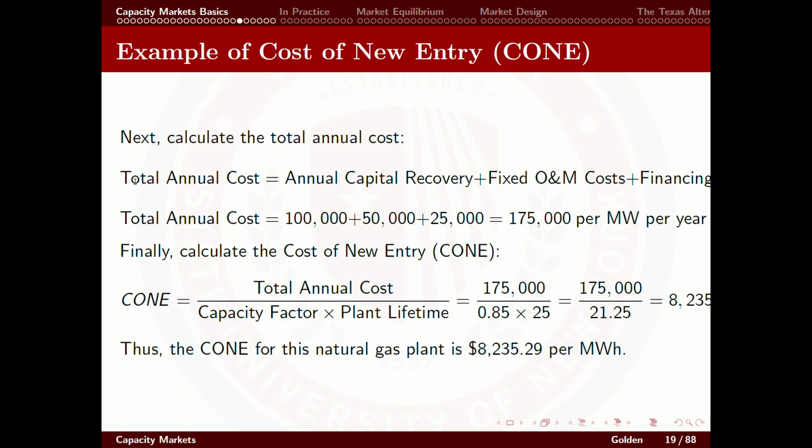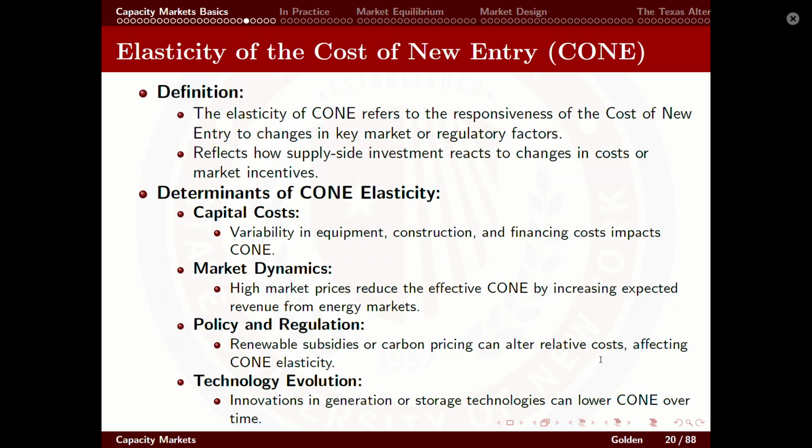Calculate the total annual cost: annual capital recovery plus fixed O&M cost plus financing. We add this all together to get $175,000 per megawatt per year. And then we divide this by the capacity factor and the plant lifetime to get a cost of new entry of $8,235.29. So the CONE for this natural gas plant is this.